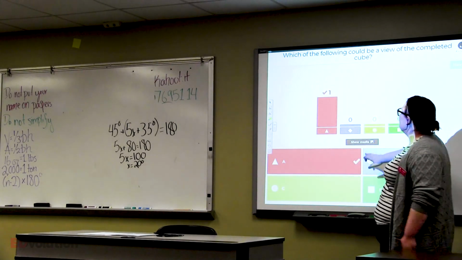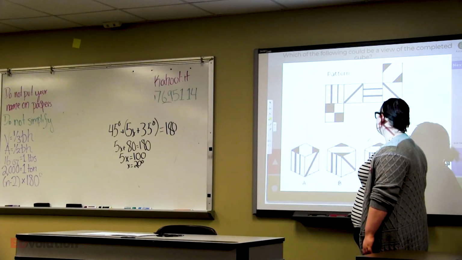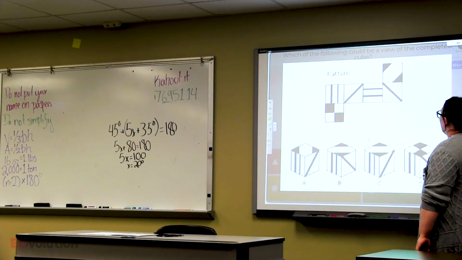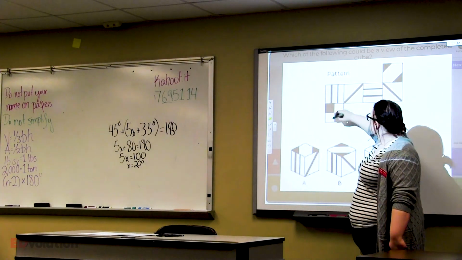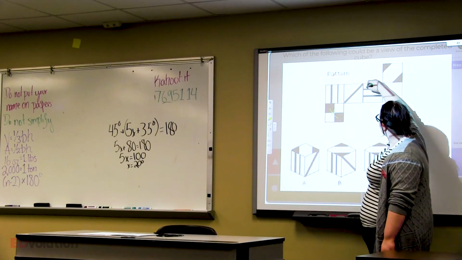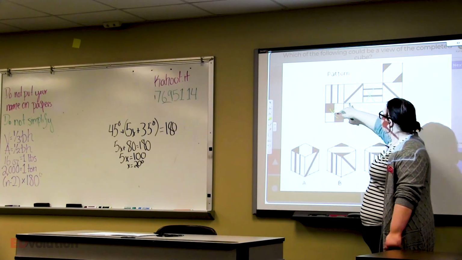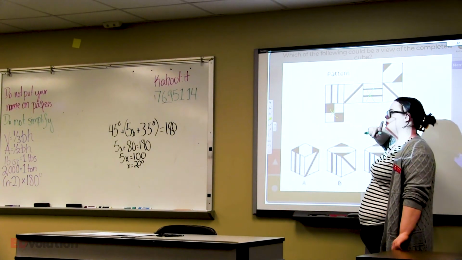Alright, so in order to do this, you have to think about what parts were being shown. So we're not being shown this part or this part. So that leaves us potentially looking at these four.